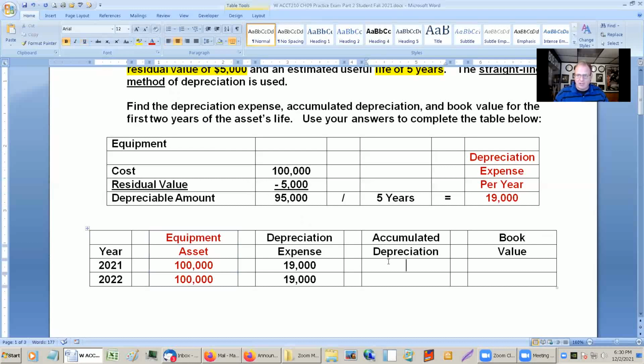The accumulated depreciation, that's all the depreciation to date. Now, the first year is going to be 19,000, since you've only had it for the first year.